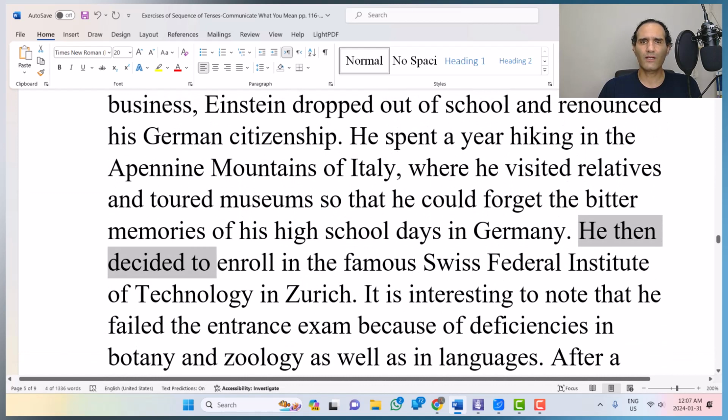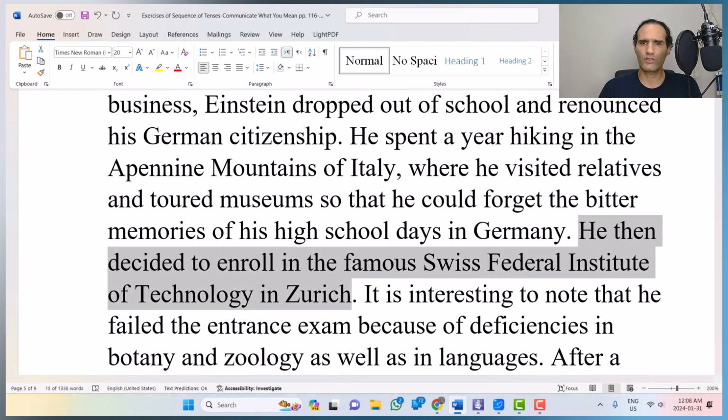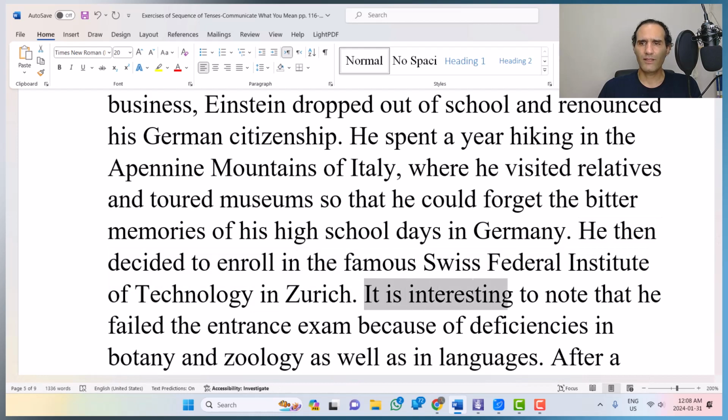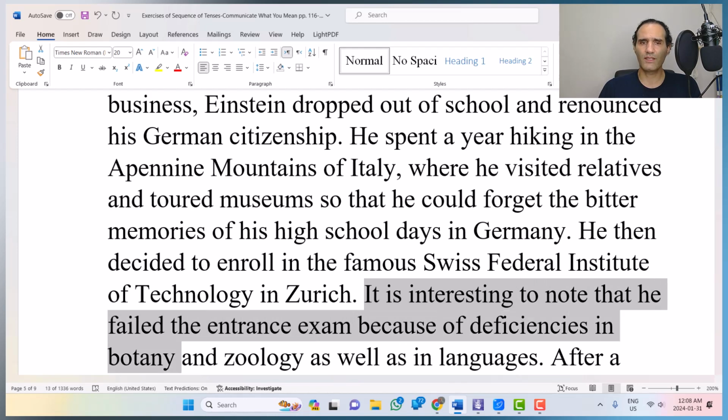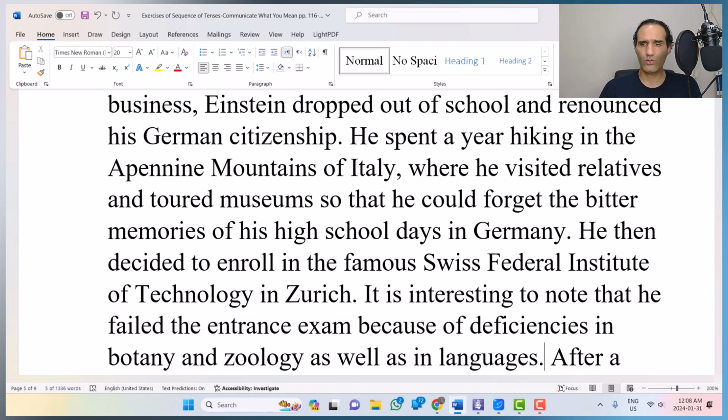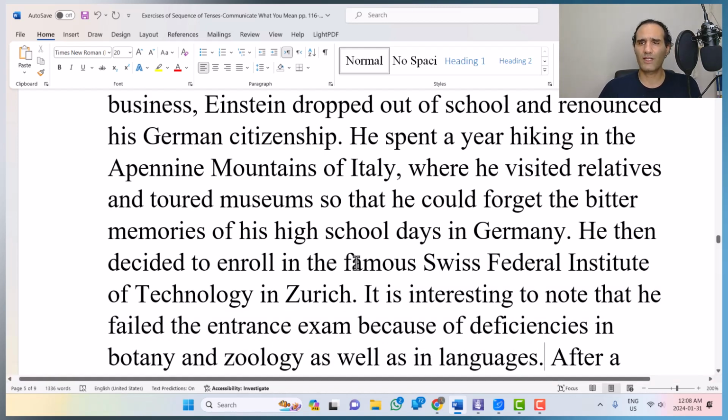He then decided to enroll in the famous Swiss Federal Institute of Technology in Zurich. It is interesting to note that he failed the entrance exam because of deficiencies in botany and zoology as well as in languages. So he was not accepted. Why?